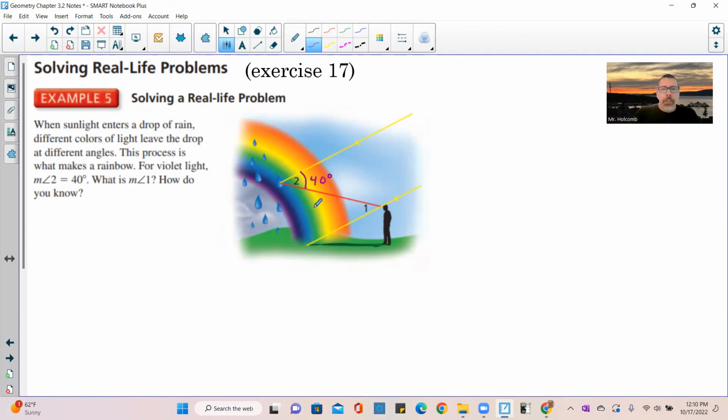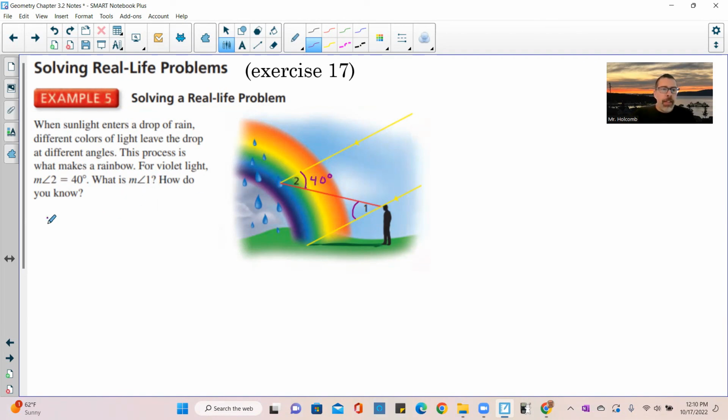Okay, what is the measure of angle 1? Now notice this right here and this right here. That is saying that those two sun's rays are parallel, and this red line here is a transversal. So what is the measure of angle 1?